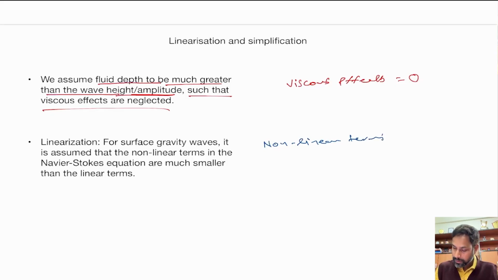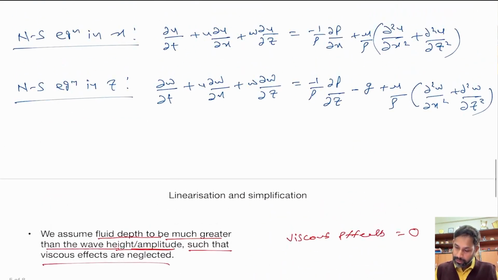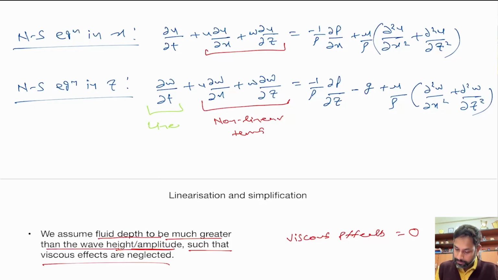Non-linear terms are viscous terms which we are already considering to be equal to 0. Also we have these terms, right? These are the non-linear terms, whereas this one is a linear term.